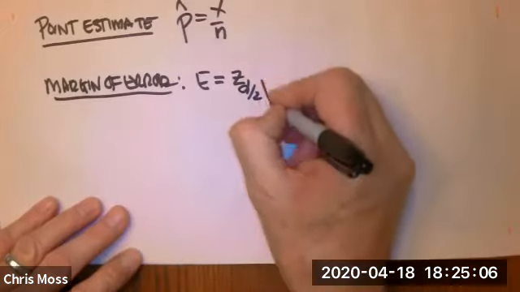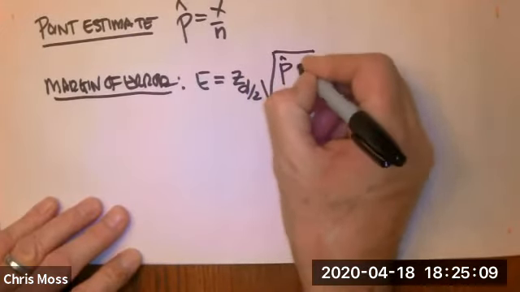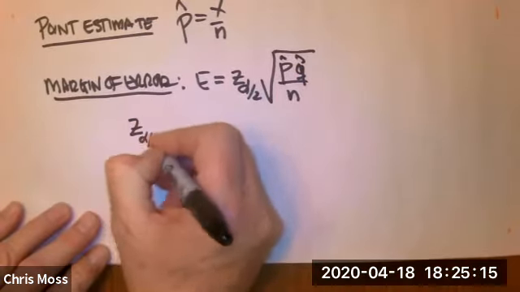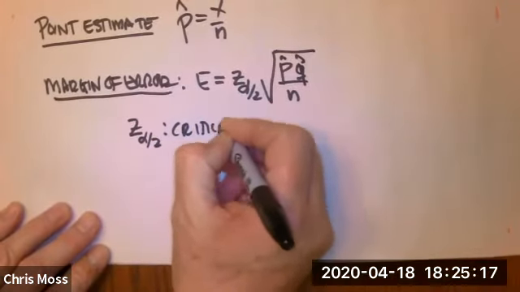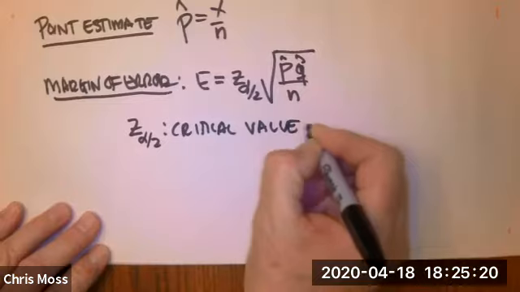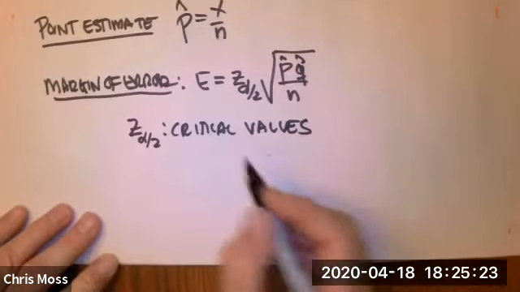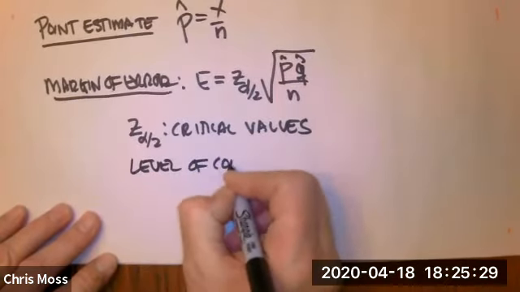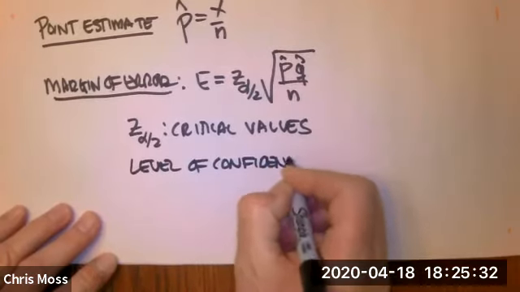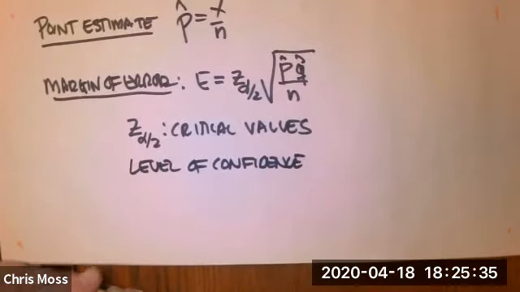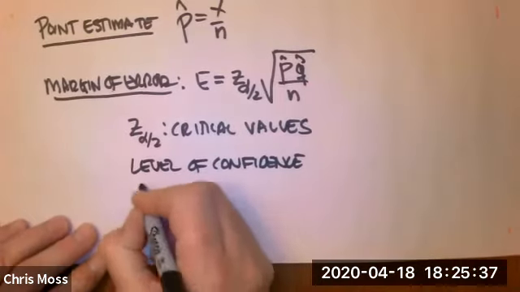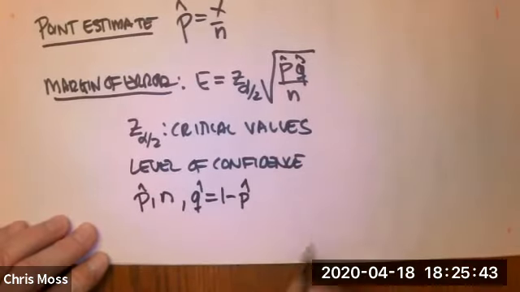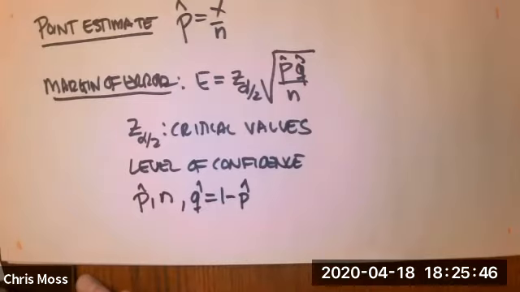Z alpha over 2 times the square root of p hat q hat all over n. The Z alpha over 2 is one of those critical values, and it is set by the level of confidence. p hat and q hat, equaling 1 minus p hat, come to us from our sample.